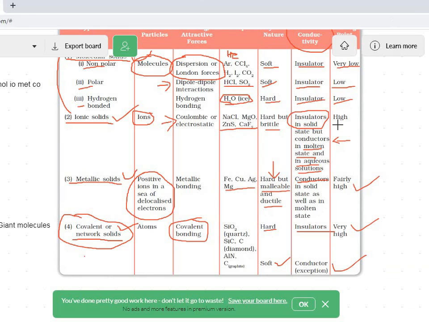So that's all for now. This table you may find in your textbook. This is table 1.2, and this is all about the different properties of the 4 types of solid which we have learned.